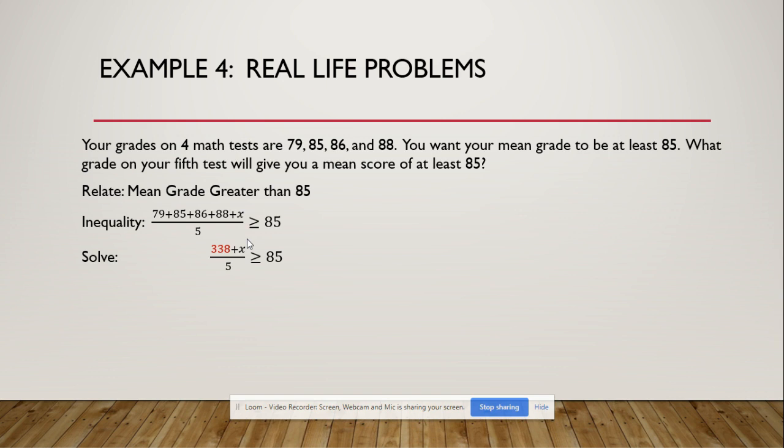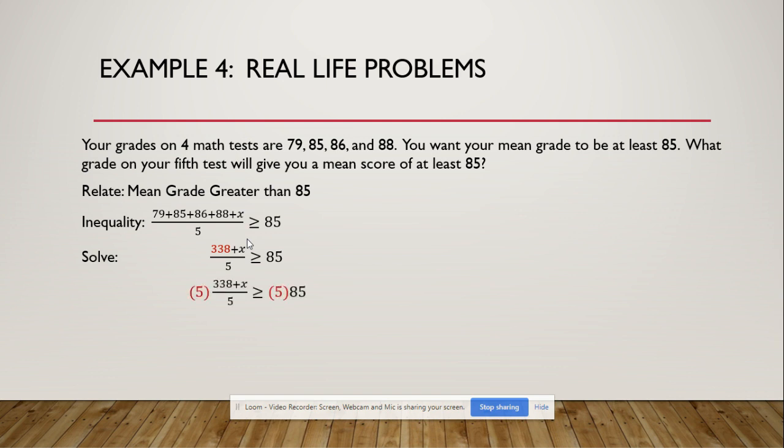So if I knew what x was before I divide by 5, I would do that addition first because it's all a single fraction. I can't do that division by 5 until after I know what x plus 338 is, meaning that the division by 5 is what happens last. What that also means is that in our solving process, it's what we're going to deal with first.